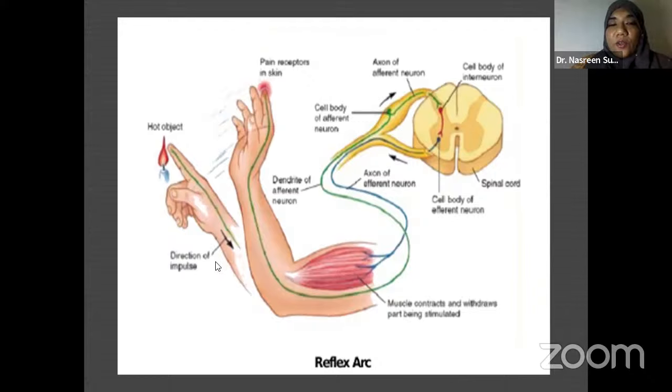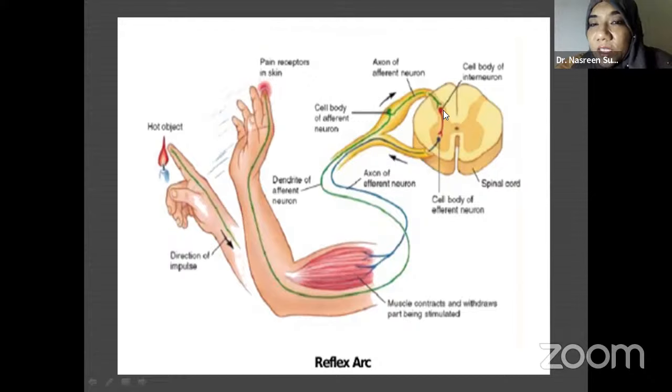Now, see here. This sensory neuron is going to carry the information towards here. It is going to the gray matter of your spinal cord, because gray matter is involved in interpretation. So whenever you are studying like this, you have to analyze that. Here there will be interpretation, and then it is going to give you the signal.